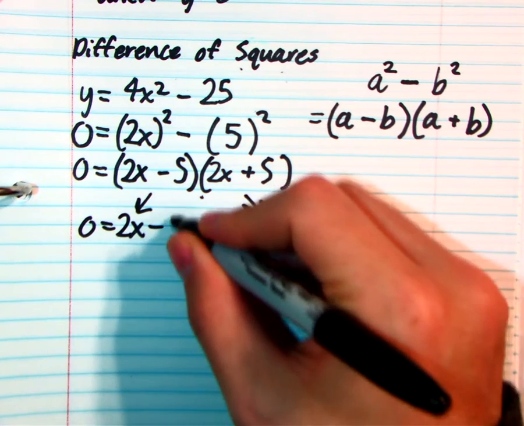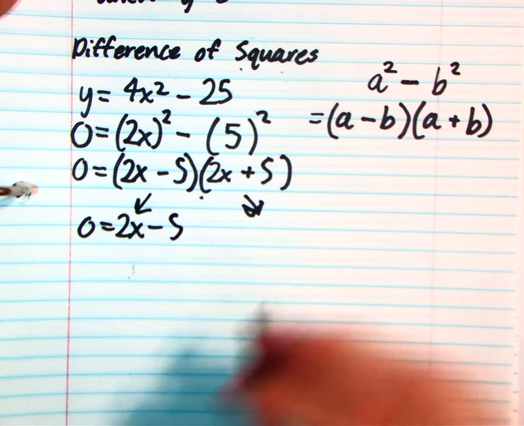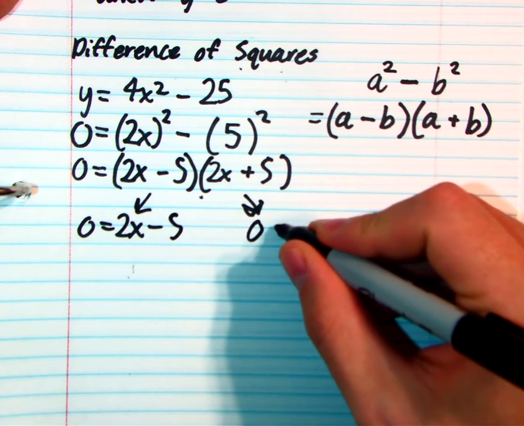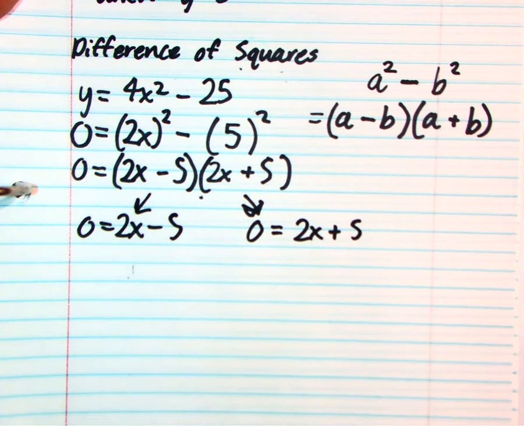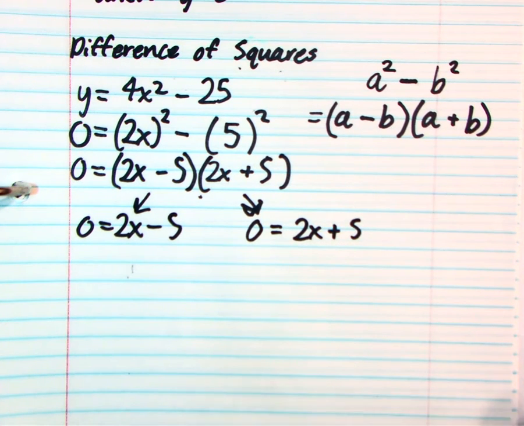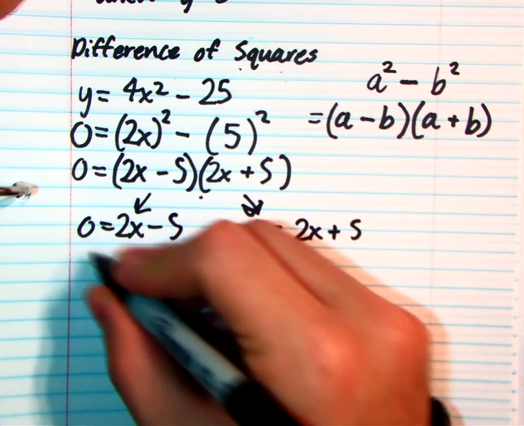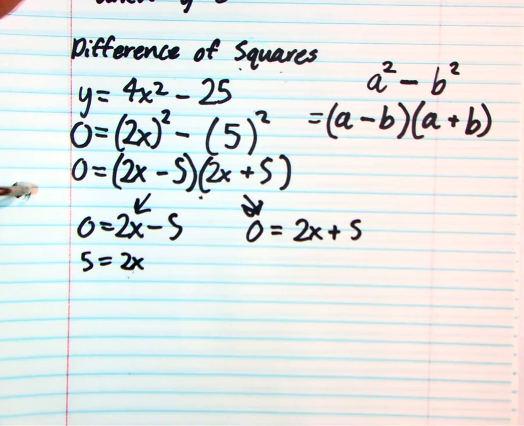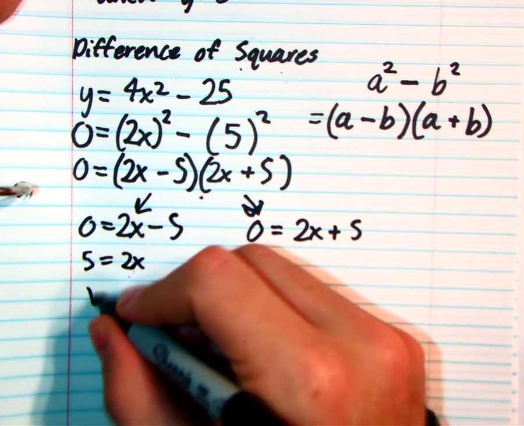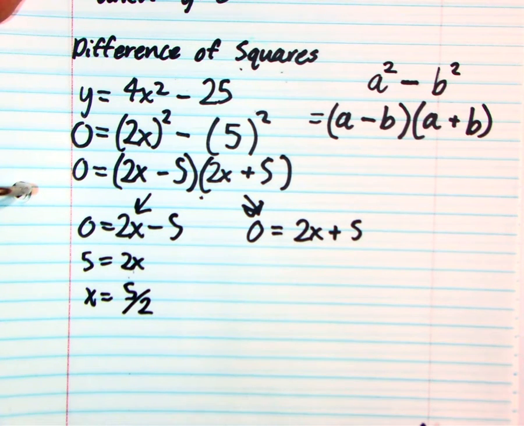So I'm going to set my first factor, 2x minus 5, equal to 0. And I'm going to set my second factor, 2x plus 5, equal to 0. And I'm just going to solve for x on both sides. So on this side, 5 is going to equal 2x when I add 5 to both sides, and x is going to equal 5 over 2 when I divide by 2.